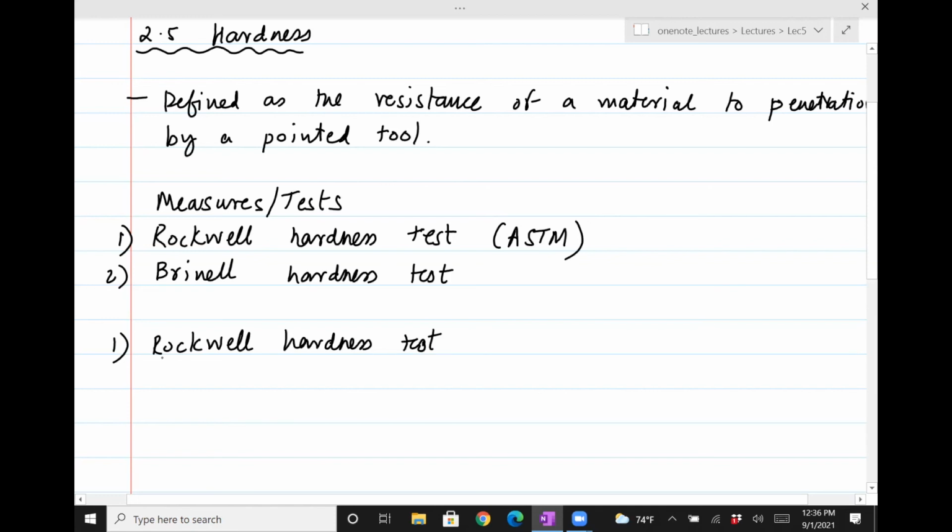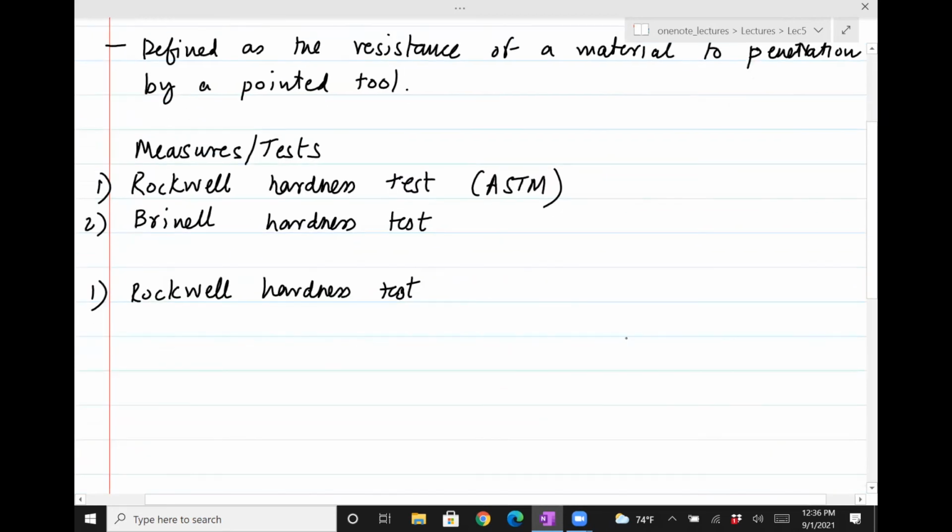The way this is done is you take a specimen, whatever it is, it could be a cam, a machine element, a shaft. It goes into a machine which has a head with a diamond indenter.